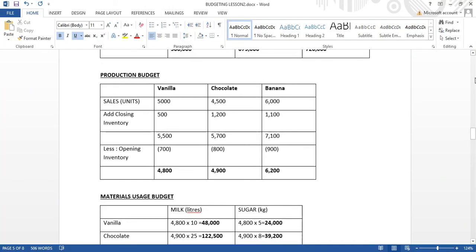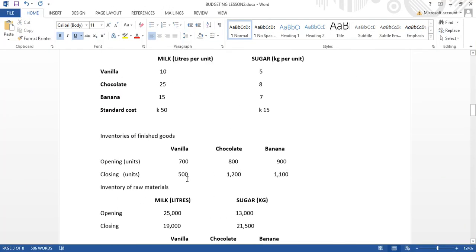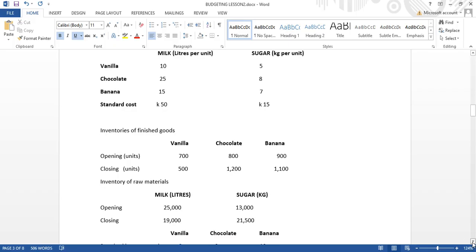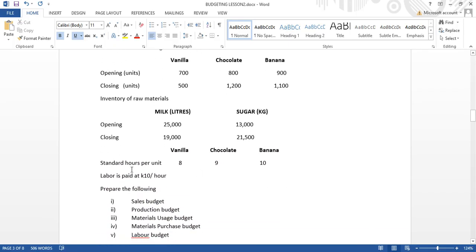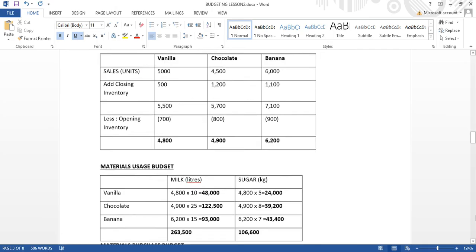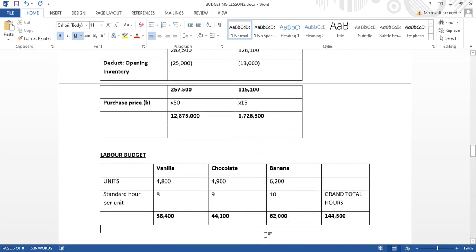And our labor rate, which is given to us here, is 10 kwacha per hour. So we're going to multiply 144,500 hours times 10 kwacha per hour.